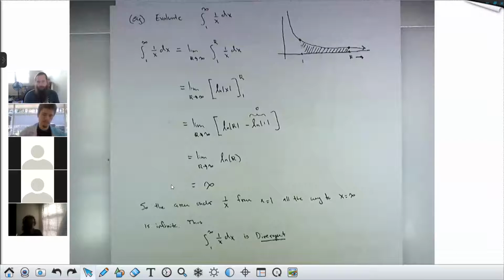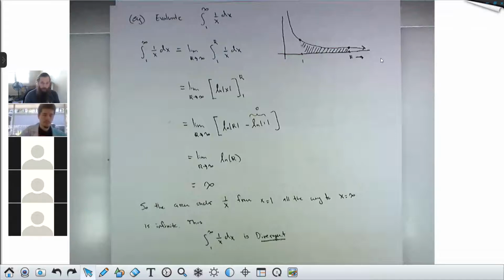It's finite. The integral from 1 to infinity of 1 over x is divergent because the area underneath that curve, everywhere to the right of 1, turns out to be infinite. This should mess with your head a little bit. It shouldn't feel good. It should feel weird, but it's true.